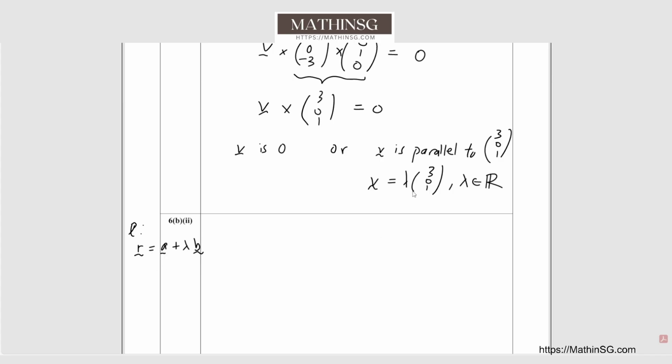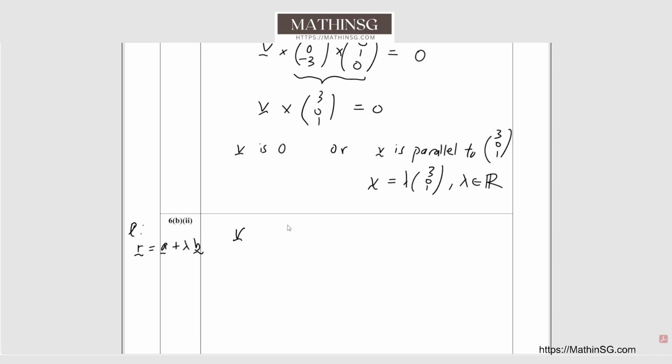If you compare these two, your vector v is like vector r, so it is any point on a line. There's no a here, so we can assume it is plus 0, 0, 0, but we don't need to write it. So we can say that v is any point on the line passing through the origin and parallel to 3, 0, 1. Because this looks like the equation of a line, this is how you describe it.